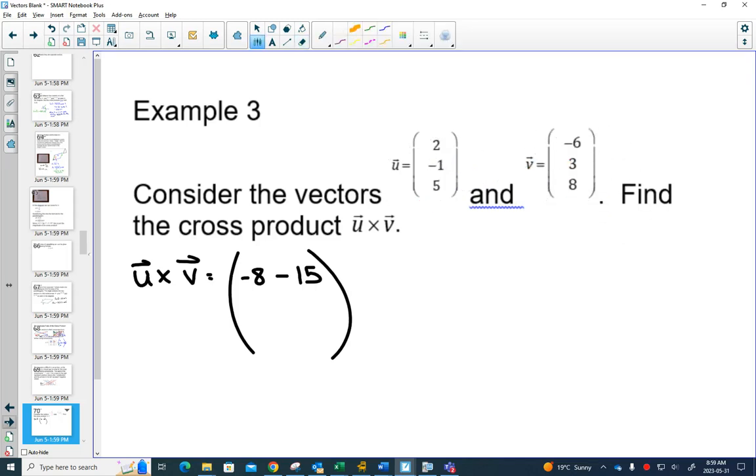For my second one, I would ignore the second row. I'd put a negative and brackets out in front. And then my determinant would be 16 minus negative 30.